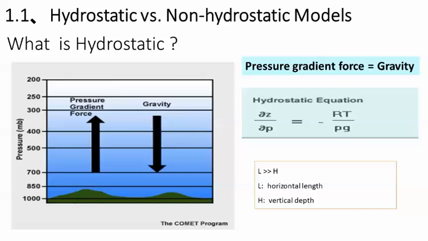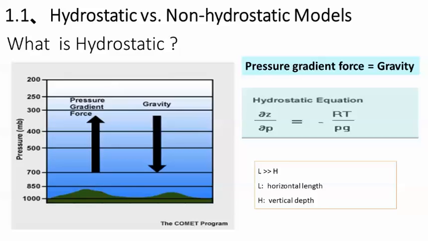Traditionally, the global models were all hydrostatic, which means the vertical motion equation is simplified to an assumed balance between the weight of the atmosphere and the vertical pressure gradient. That means the pressure gradient force equals gravity. The hydrostatic approximation only applies well to phenomena which have a longer horizontal length than vertical depth.